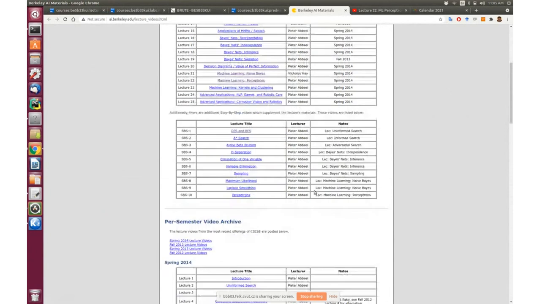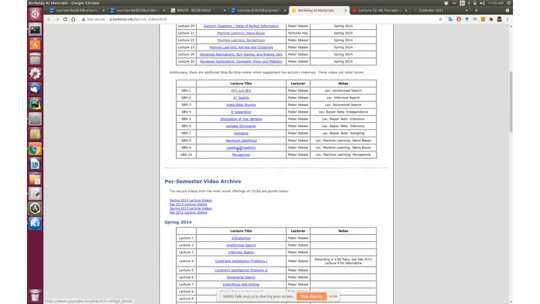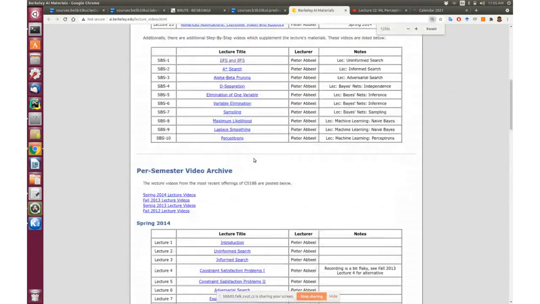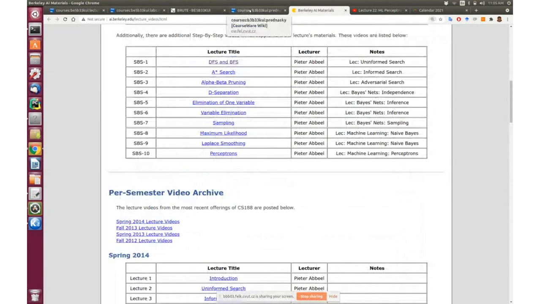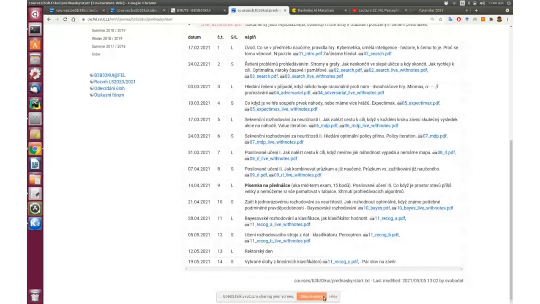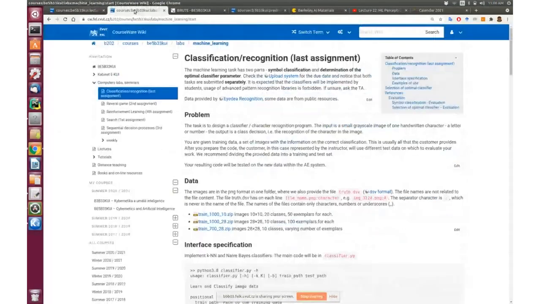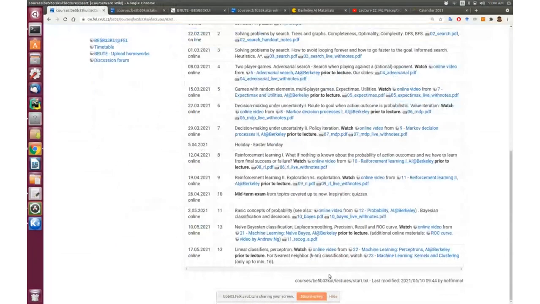If there is something unclear specifically, for example, the Laplace smoothing, you can also watch a separate lecture here. Okay, and so this will be our last lecture.